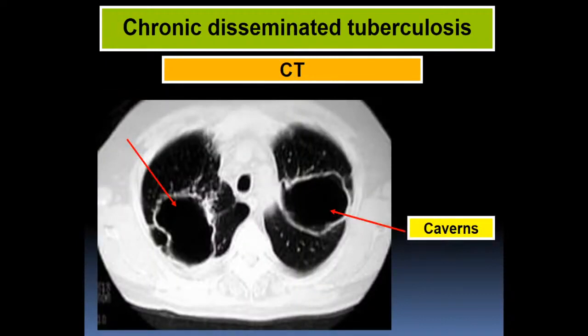On CT scan in chronic disseminated tuberculosis, we can see cavernous with thin, thick wall.